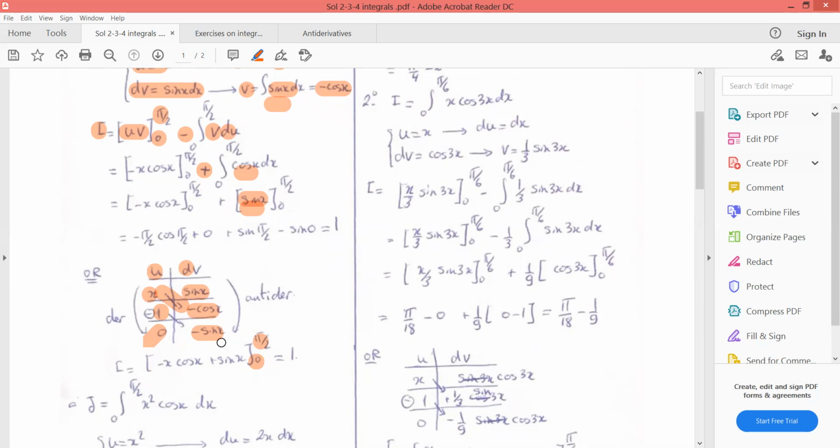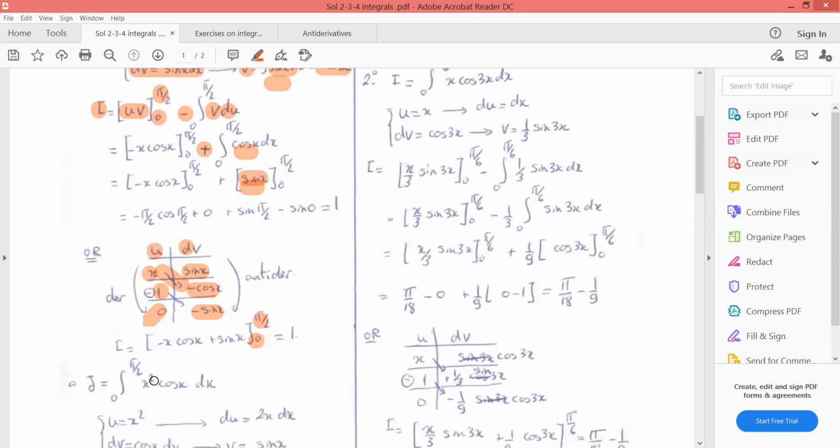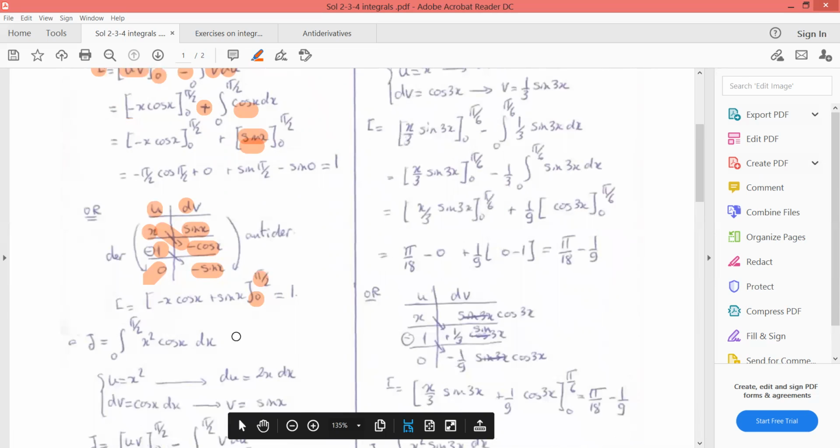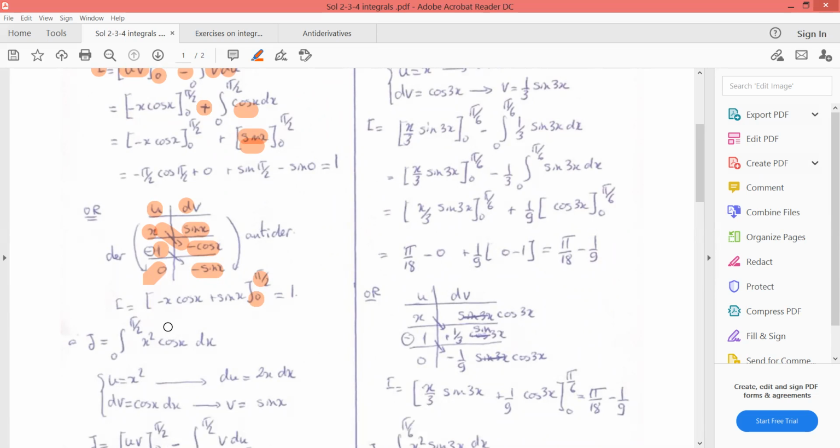Now it says deduce the integral of x squared cosine x. The question is deduce. So also here we have a product of a polynomial, which is x squared, times a trigonometric, which is cosine x.